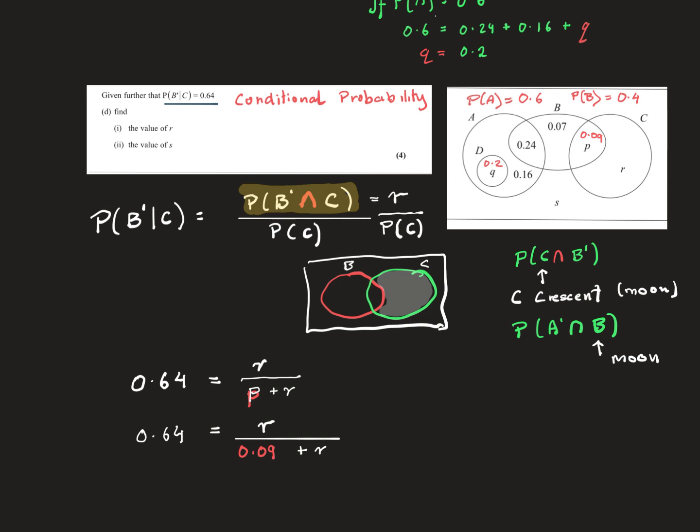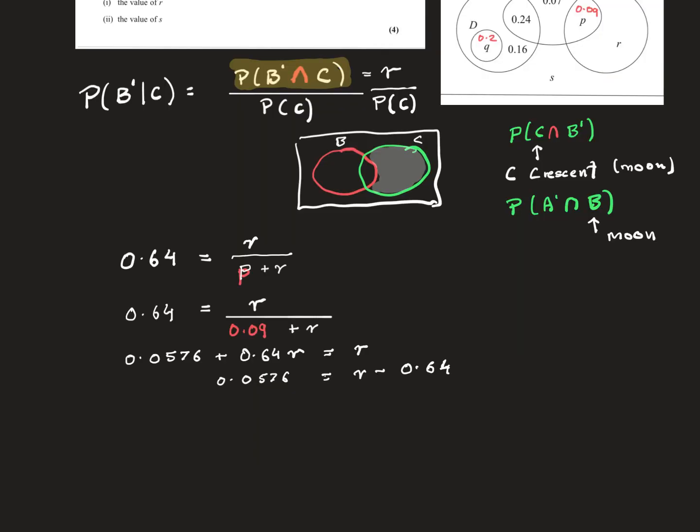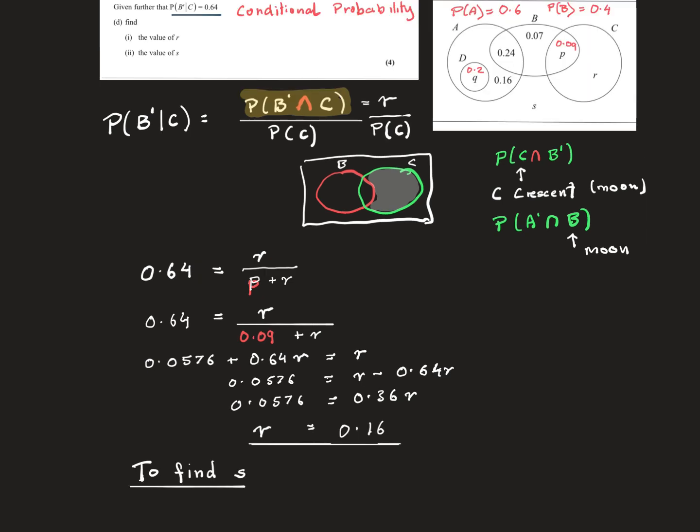Work through it algebraically. 1 minus, oops, that's supposed to be R, will give me 0.36 R. And the value of R in that case, if I use the calculator, I will get 0.16.